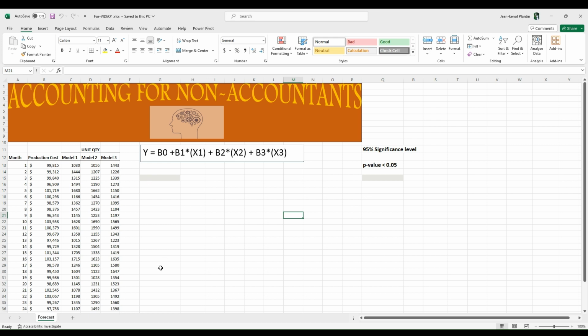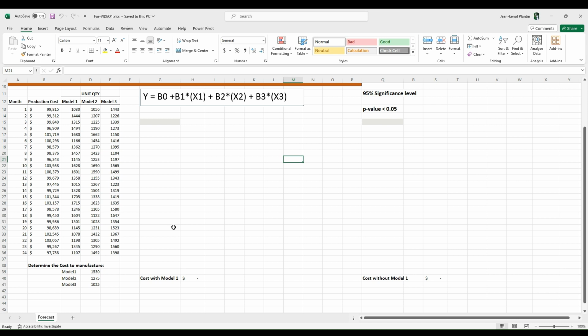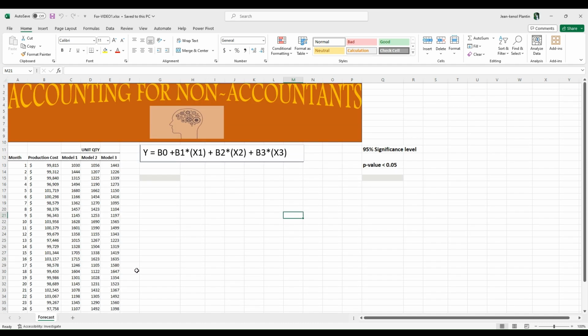But the question that we have in front of us is, the company wants to manufacture the same three models in those quantities, and they want to know how much it's going to cost to create this product. And we talk about the regression analysis, linear regression analysis.